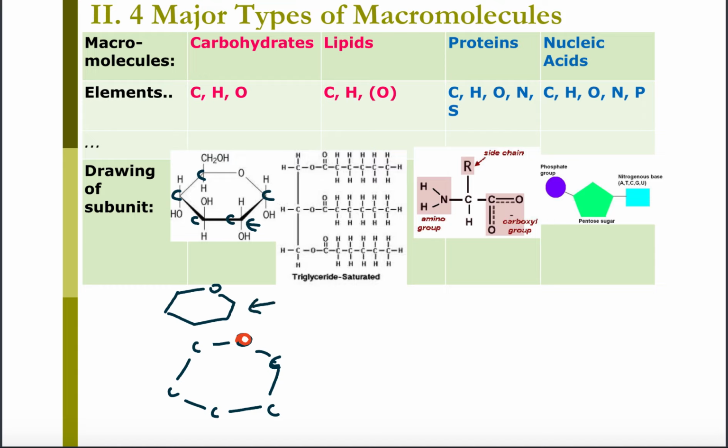Okay? Lipids, on the other hand, their shape starts with a backbone of carbons, kind of like that. Those carbons have a little bit of an O, oxygen stuck to them, and then they get more carbon here. And then after that, they just become a chain of carbon with hydrogens on it.